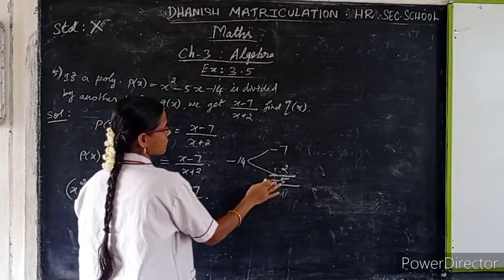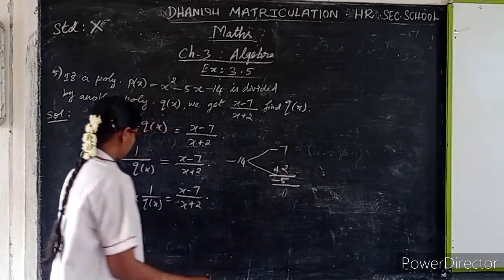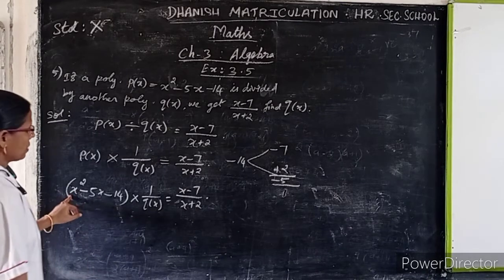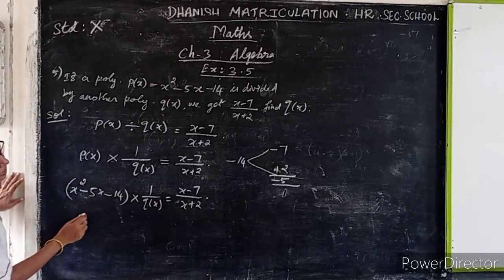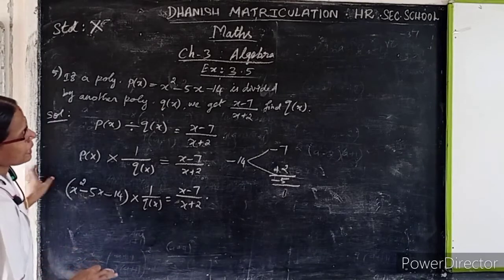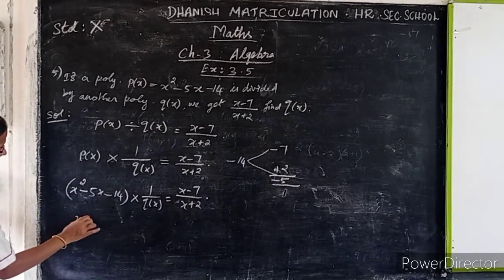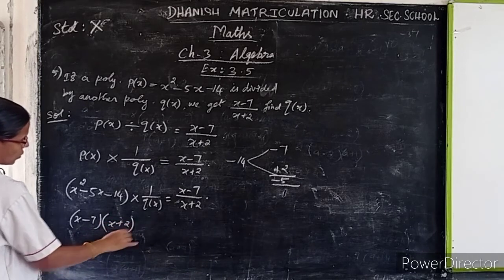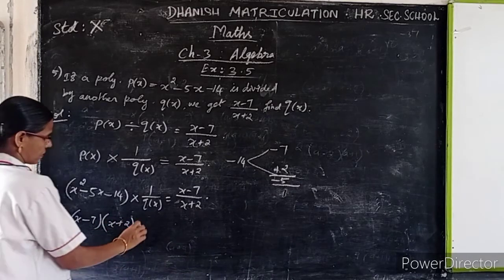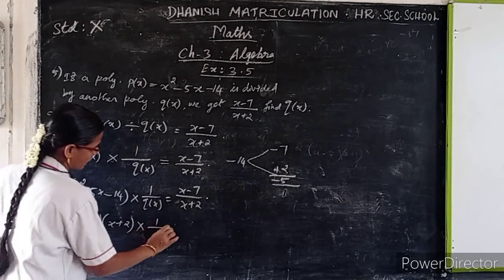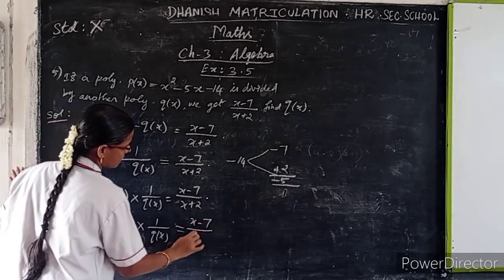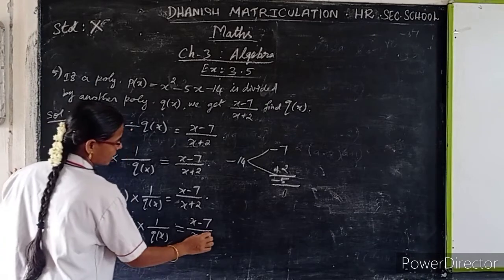So minus minus means minus plus. Here the coefficient of x square is 1, so leave it. Write the factors as (x minus 7) into (x plus 2). 1 divided by q of x is equal to (x minus 7) divided by (x plus 2).